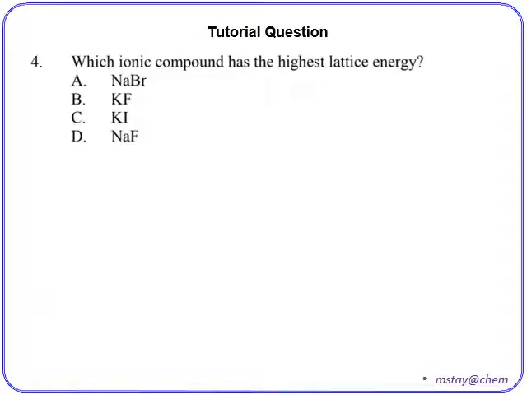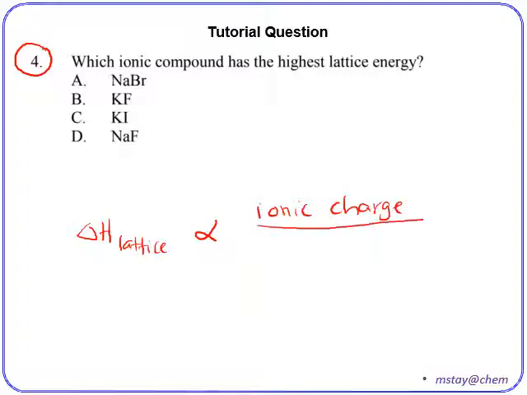We continue with tutorial question number 4. By combining the ideas from before, we have the idea that the lattice energy is directly proportional to the ionic charge, but inversely proportional to the ionic radii.